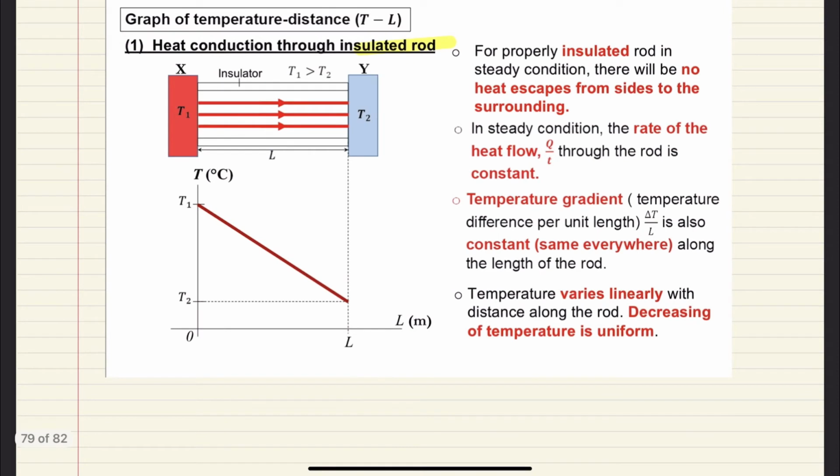Okay, so the bigger T over L, the steeper the graph. So here, since the rod is properly insulated, the value of the temperature gradient is constant. Okay? So you basically have a straight line over there.